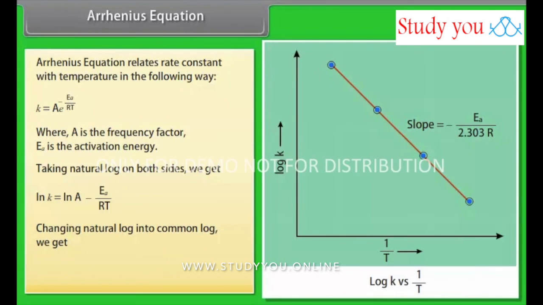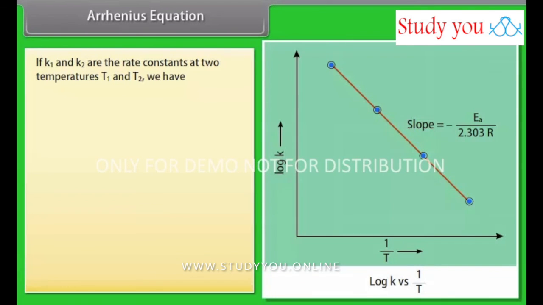Changing natural log into common log, we get log k = log A - Ea/(2.303 RT). If k1 and k2 are the rate constants at two temperatures T1 and T2, we have log k1 = log A - Ea/(2.303 RT1) and log k2 = log A - Ea/(2.303 RT2).